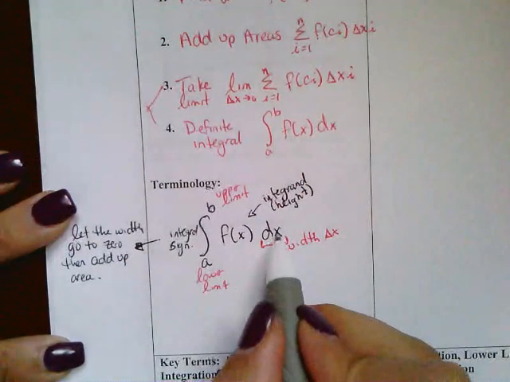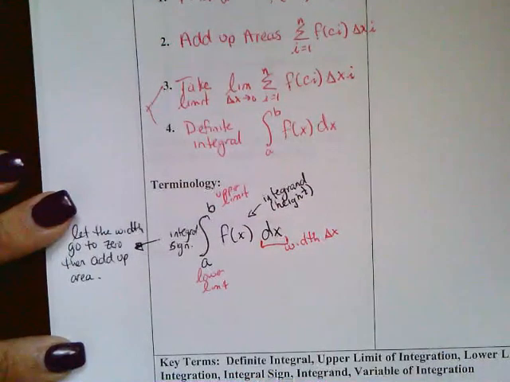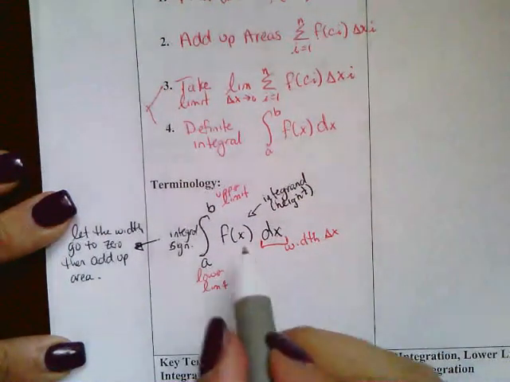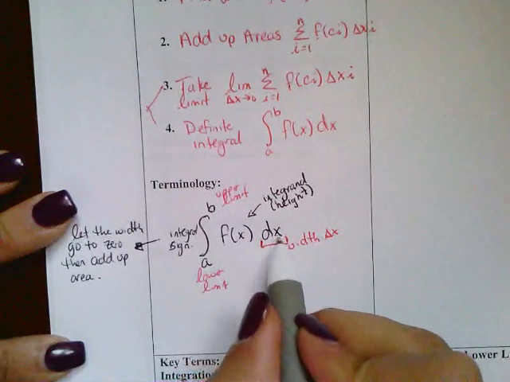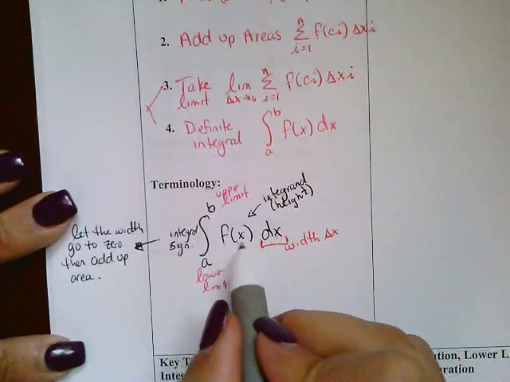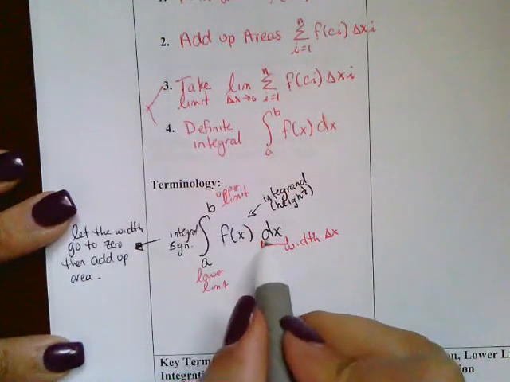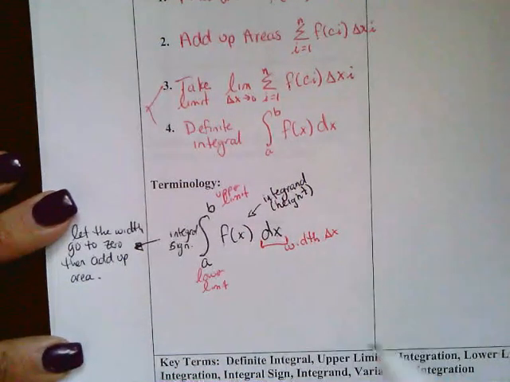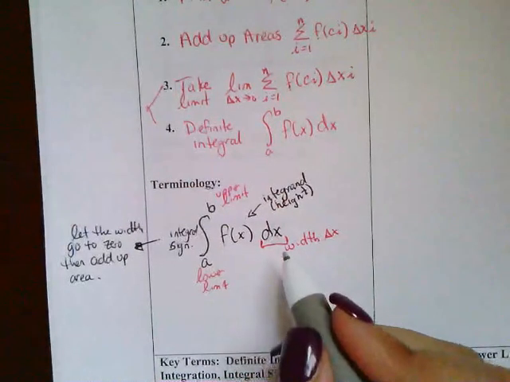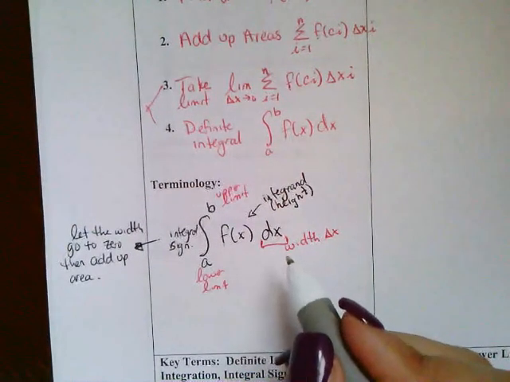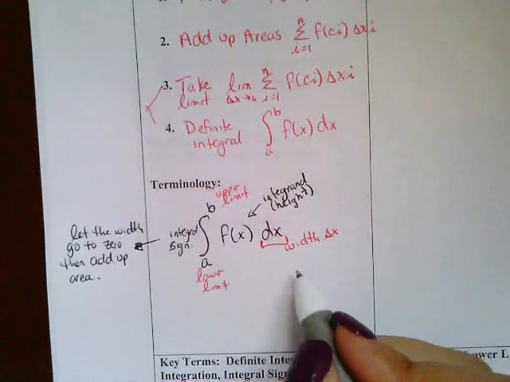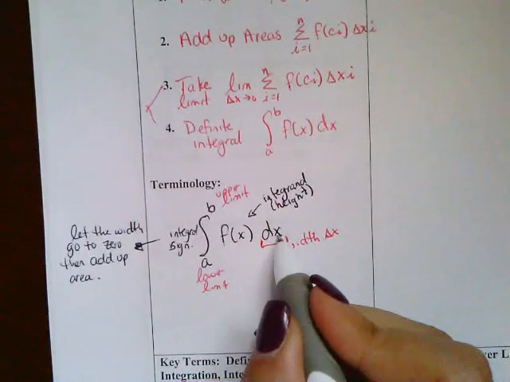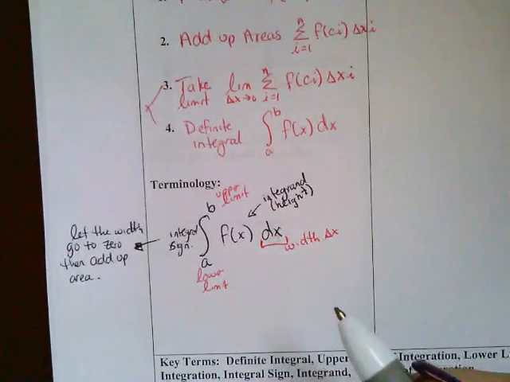Now, it's dx here. x is our variable of integration because that's what we use. But remember, if we are going to be using f of t, then this is just going to be dt. If this is f of u, this is du. If this is f of s, this is ds. So what you put down as the letter right here depends on the actual function. Okay, so x is going to be the variable of integration.